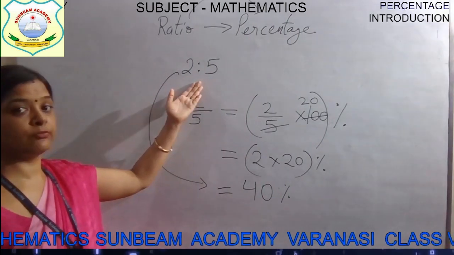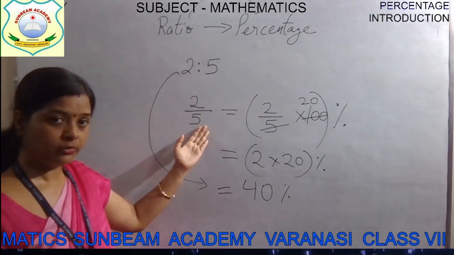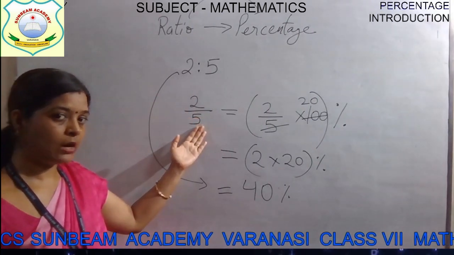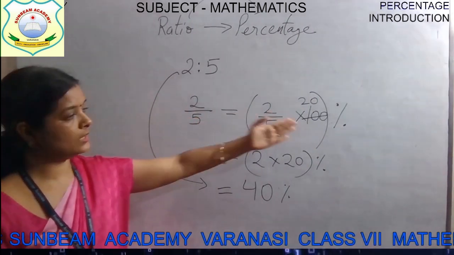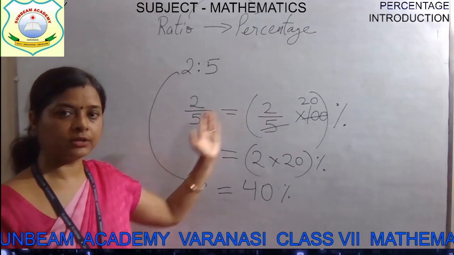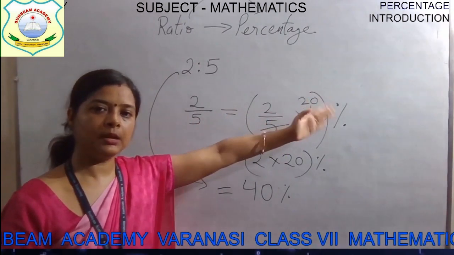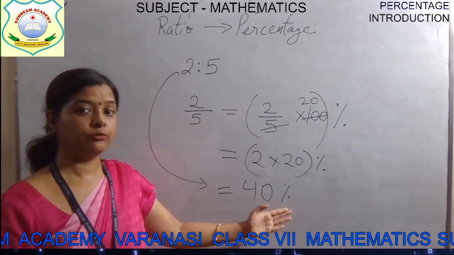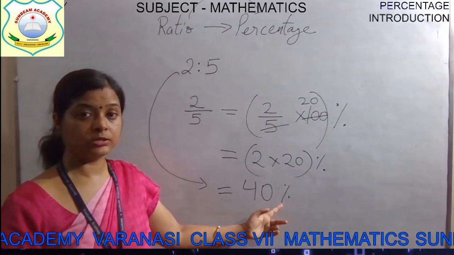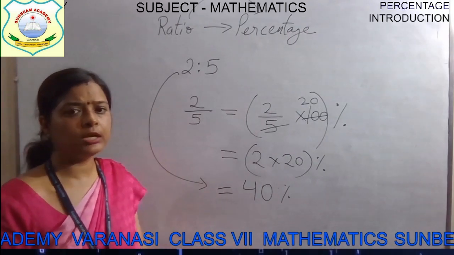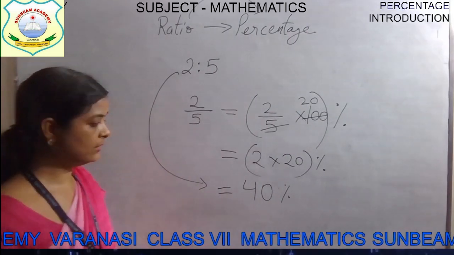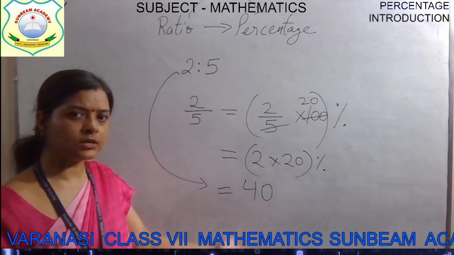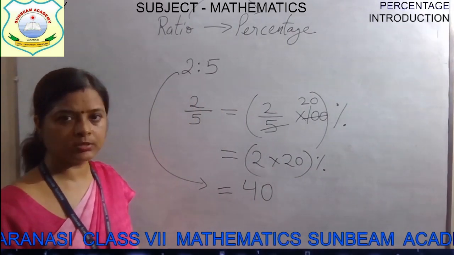For a ratio question, first convert it into fraction. Then we apply the method of converting a fraction into percentage: we multiply that fraction with 100, and we put the percentage sign. Whatever answer comes, we have to write the percentage sign also. If you write 40 only, is it in percentage form? No, it's just a whole number, a natural number.